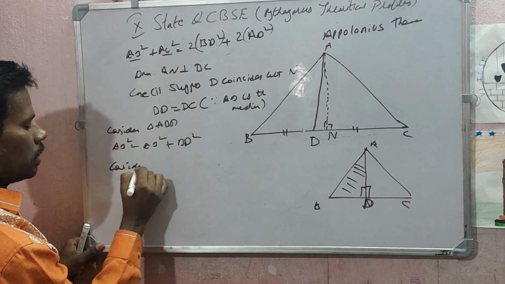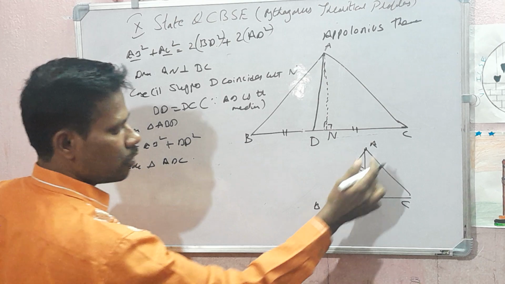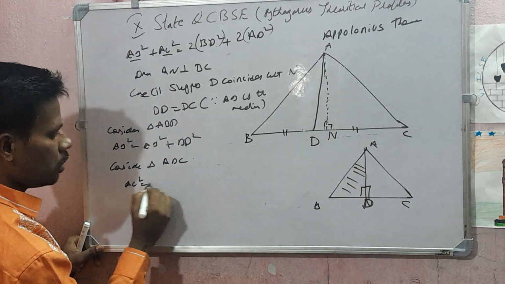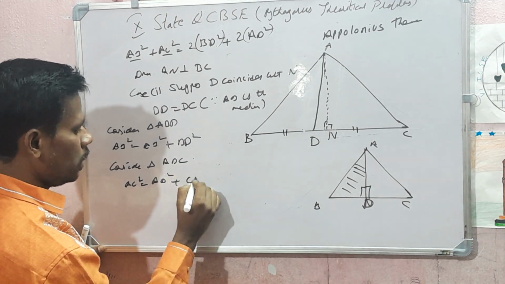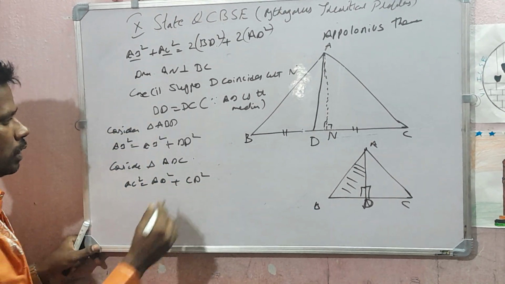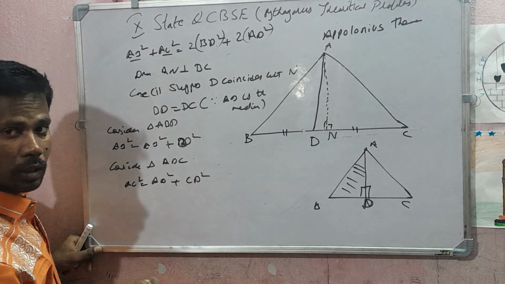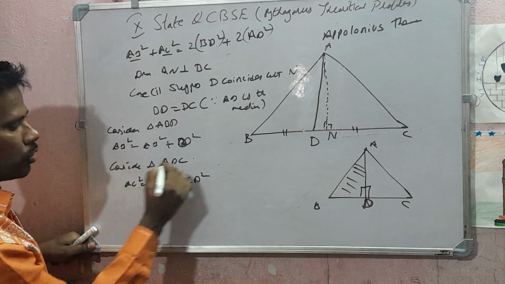Now consider triangle ADC. Square on the hypotenuse: AC square is equal to AD square plus CD square. Right? Now add these two.